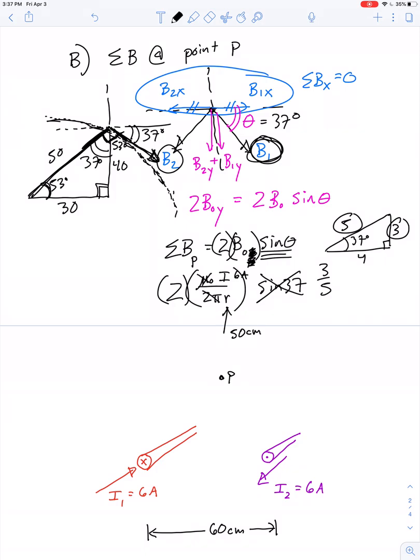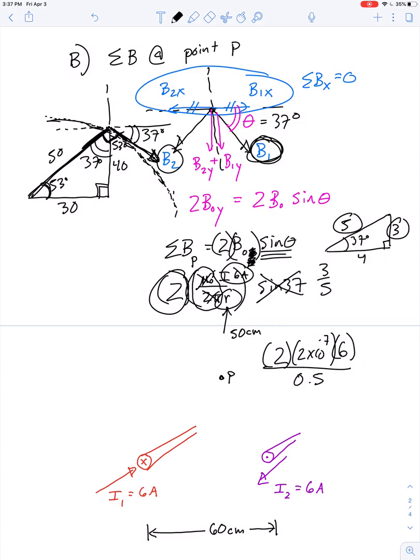Mu naught divided by 2 pi is the same thing as 2 times 10 to the negative 7th. So we've got 2. We've got mu naught over 2 pi, which gives us 2 times 10 to the negative 7th. Then we've got 6 amps times 6. And then we have to divide by r. 50 centimeters is 0.5 meter.